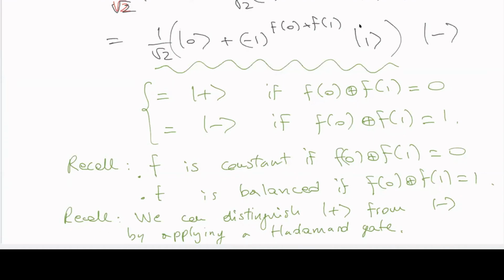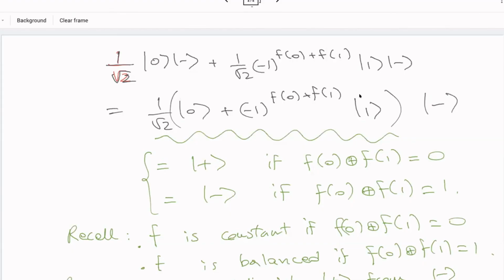So this is the algorithm. That's it. You prepare ket plus, ket minus. That's how you start your algorithm. You make one invocation to this unitary U sub f, and you end by doing a final Hadamard on the first qubit, and then you measure. Check if you get outcome 0 or outcome 1, and that's the solution to your problem.